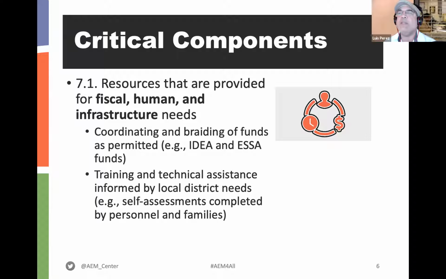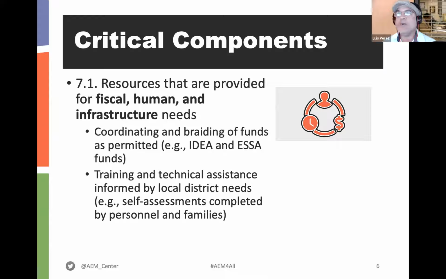ESSA is a possibility, the Every Student Succeeds Act, IDEA, the Individuals with Disabilities Education Act, and so on. But then, as I mentioned, we also want to make sure we consider those human resources, that human capital. So we want to make sure that it's appropriate technical assistance and training that is informed by local district needs.